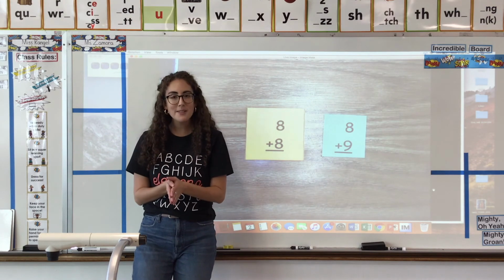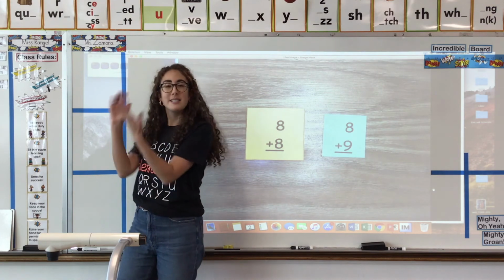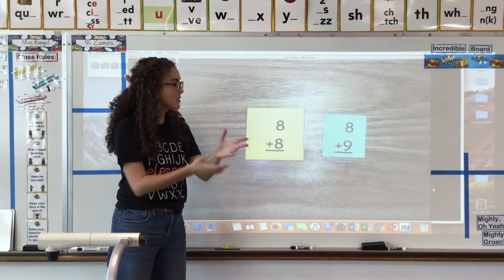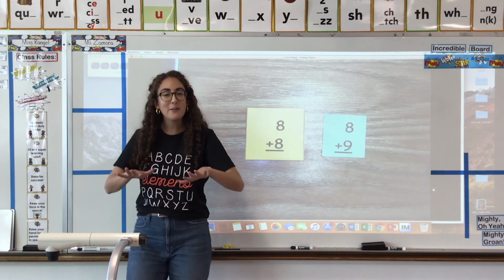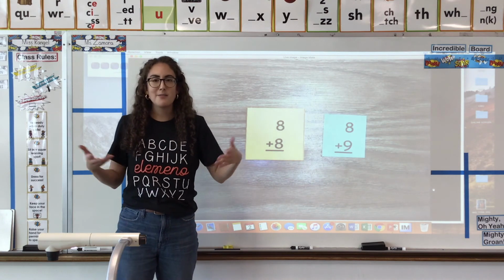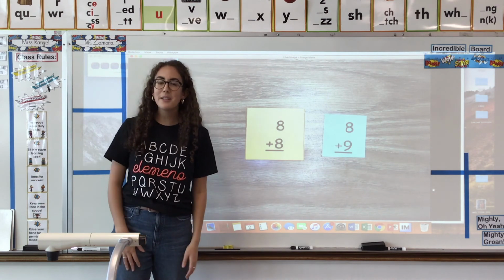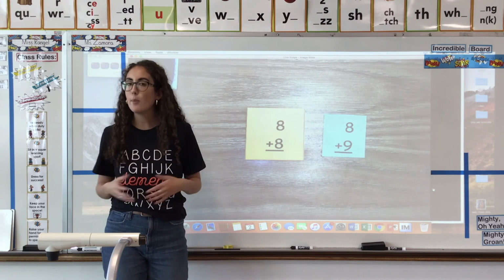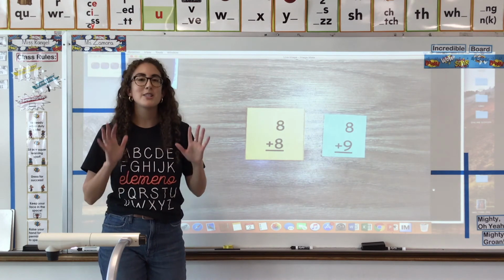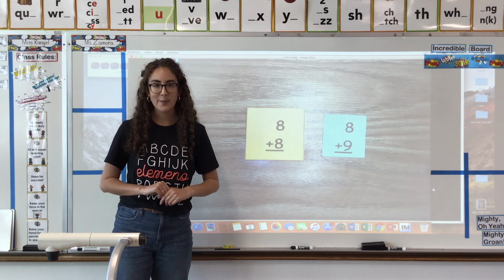Awesome job, Super Scholars, using your doubles plus 1 strategy to solve our number facts. So what you are going to do now is, of course, practice your number facts. You are going to be using our same doubles plus 1 strategy to solve these neighbor facts.